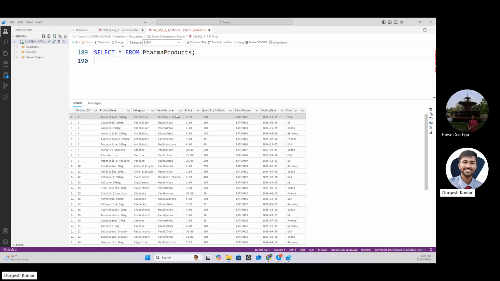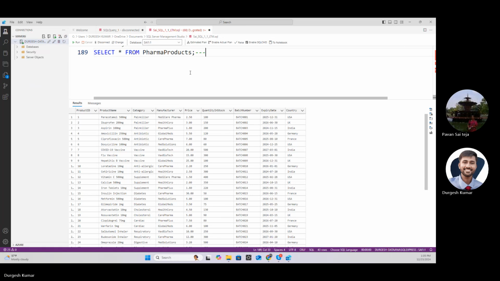Okay, so we have category, manufacturer, price of the product. Let's consider these are in dollars. Quantity in stock. What is the meaning of stock? Like the number of units available. Correct.